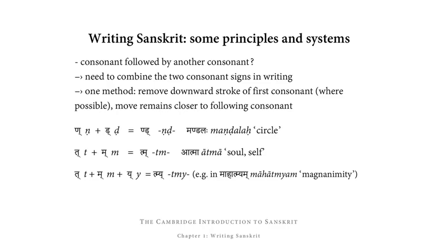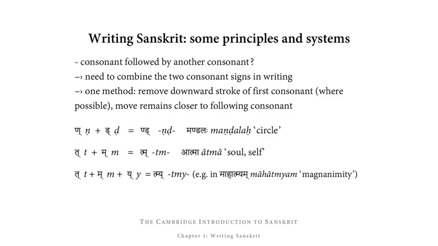So instead, inside a word, the downward stroke at the right-hand side of the sign for n is simply removed, and then what remains of the n is moved closely to the sign for the d. And so you get nd, and that you can then use in a word such as maṇḍalaḥ, meaning circle. Similarly, in the next line with t, you could write it as the full consonant sign with the virama, but usually that's not done inside a word.